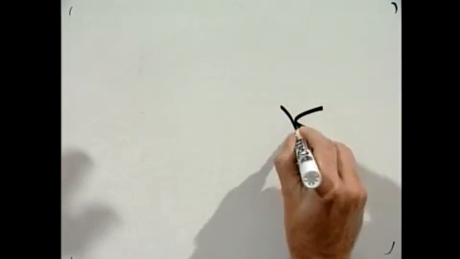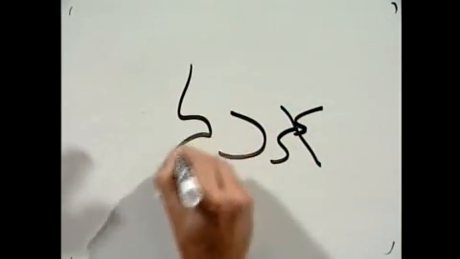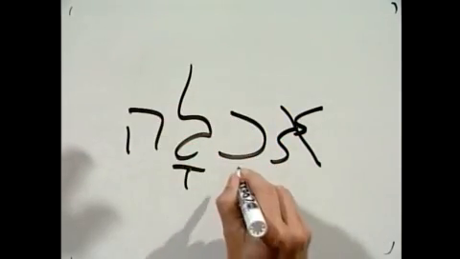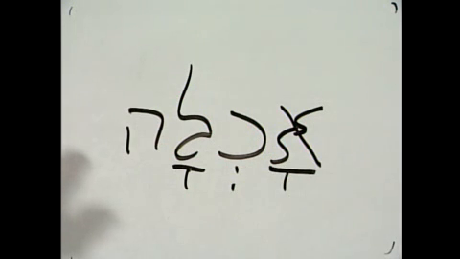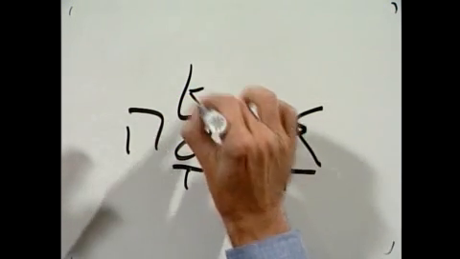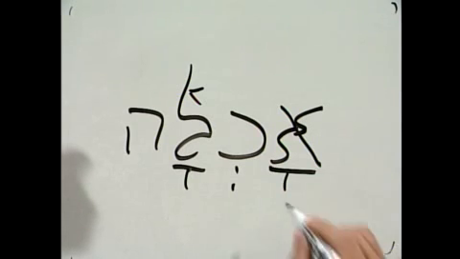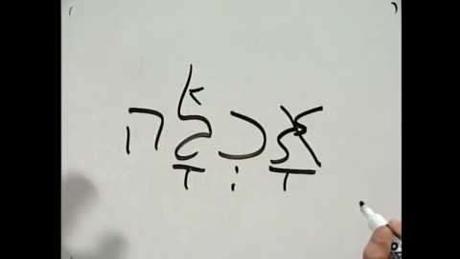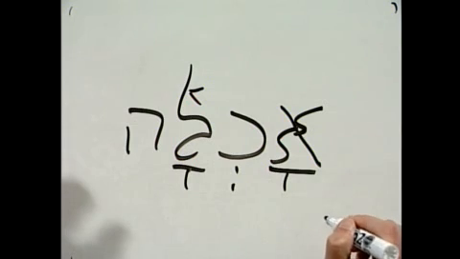So let's take an example. Suppose we have a word like this. Again, the accent would be here on the last syllable. There is no metheg under the Alef.